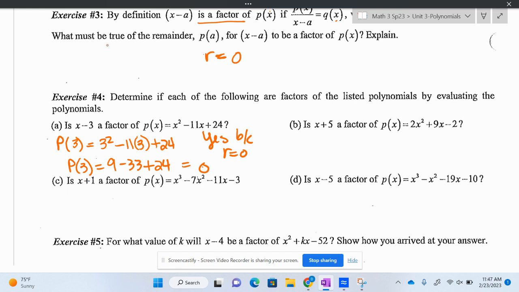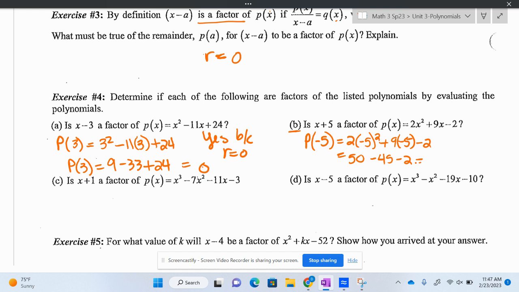Okay, let's evaluate it again. So we're going to do a new polynomial and a new binomial. So we're going to use x plus 5. So what am I really evaluating this polynomial at? Negative 5. So I have 2 times negative 5, the quantity squared, plus 9 times negative 5 minus 2. So that gives me 50 minus 45 minus 2.